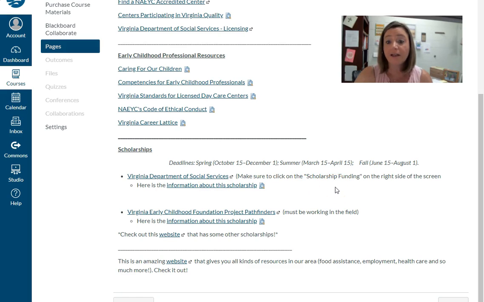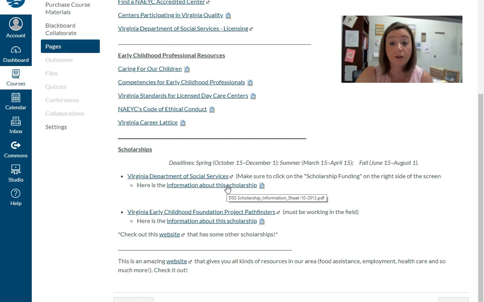Scholarship funding is where you're actually going to find the link to create your account and input all of your information. On the left side of the screen, it's called scholarship information, and that is where you can read through what the scholarship does for you. This is kind of a fact sheet to help you.